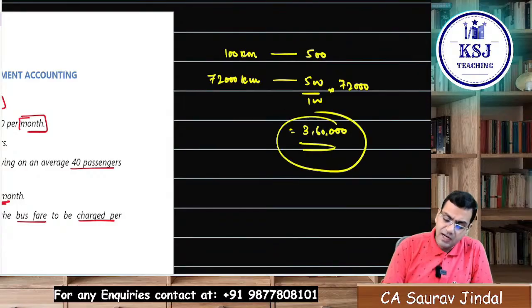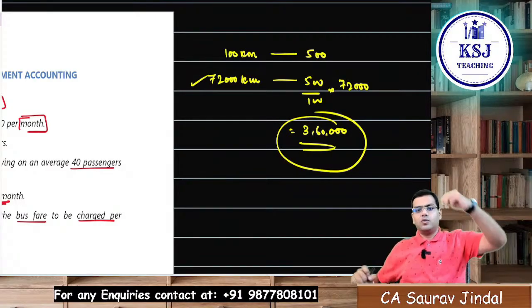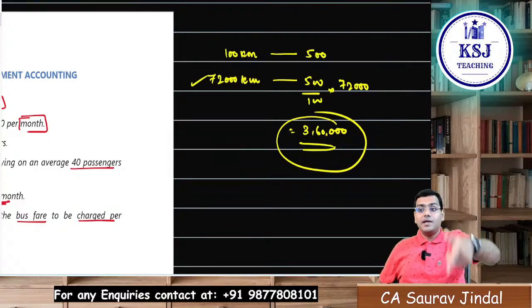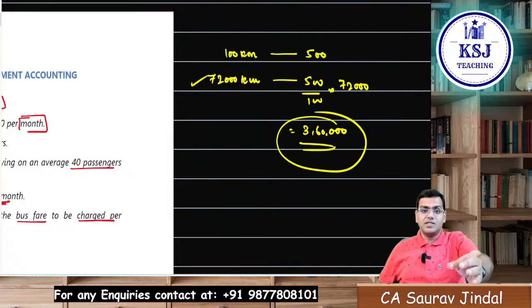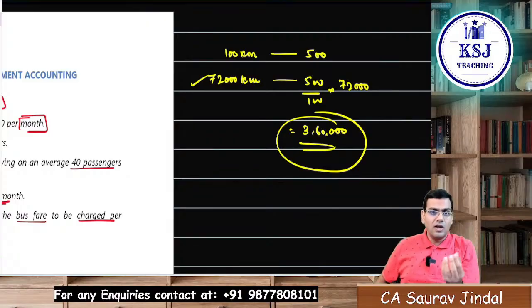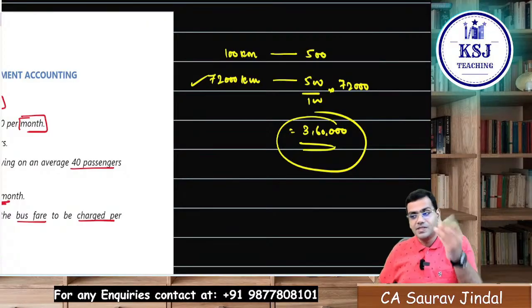Sir, why can't we multiply the oil cost with 28,80,000? Very simple, very interesting question. The reason is very simple. The passengers who are traveling are not going to consume that oil. So the oil cost, petrol cost, fuel cost is not dependent upon how many passengers you are carrying.